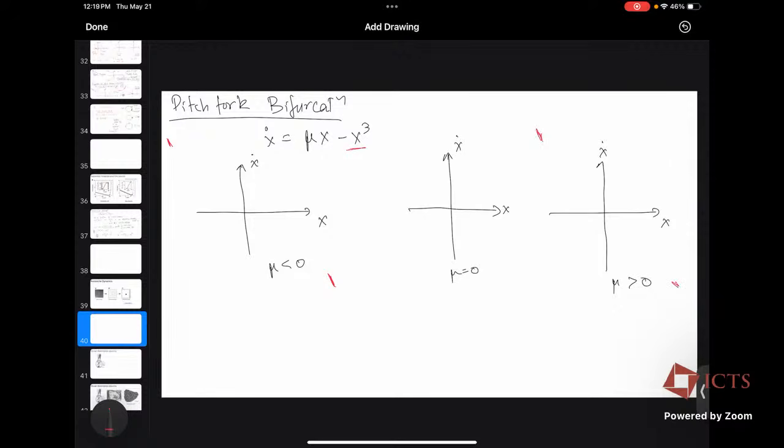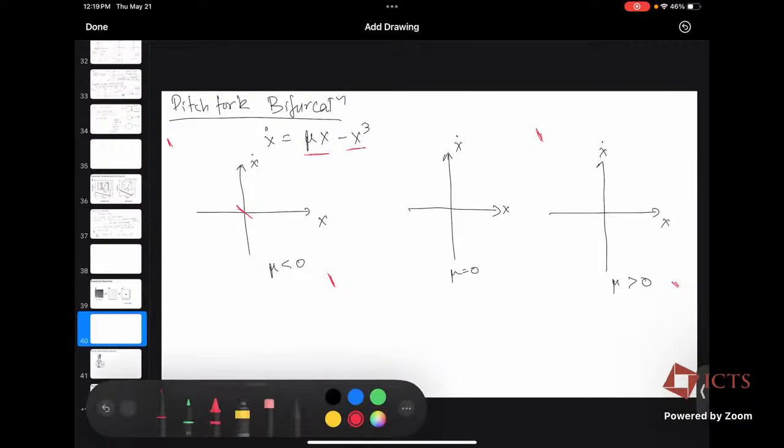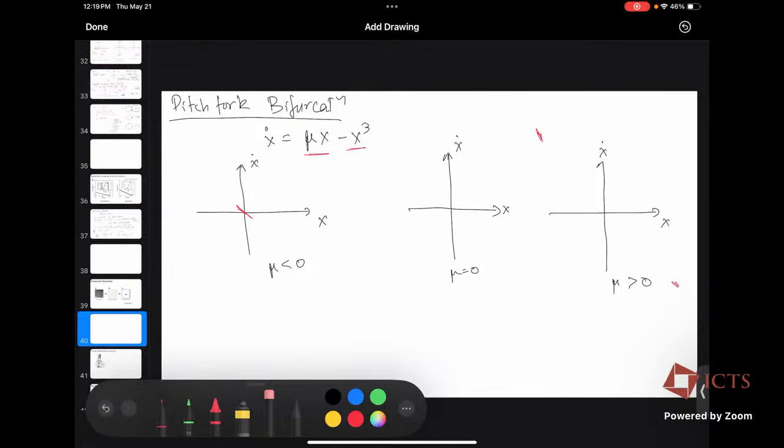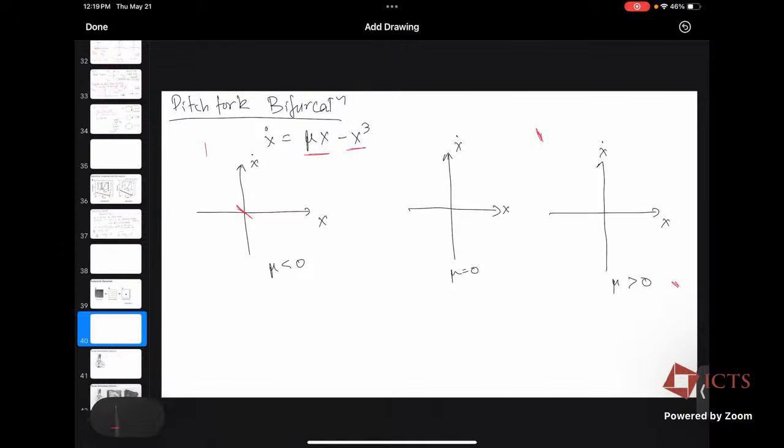We know it's a cubic function, so it's going to have some sort of cubic-like structure. If my mu is negative, then here, both terms around 0 are contributing to it being negative itself, right? So here also, I think my system is going to just look negative. And so my system overall, hopefully you can intuitively see, is going to look something like this.